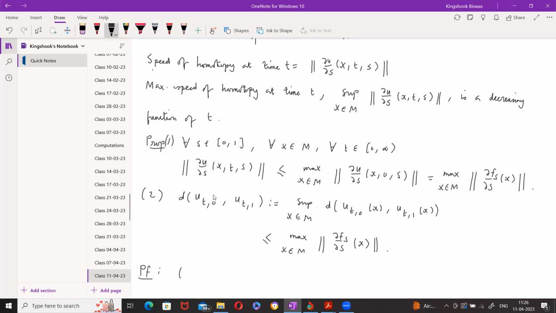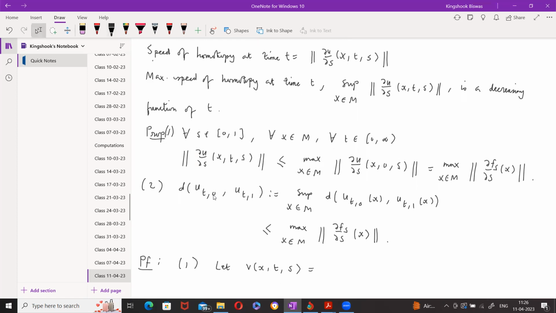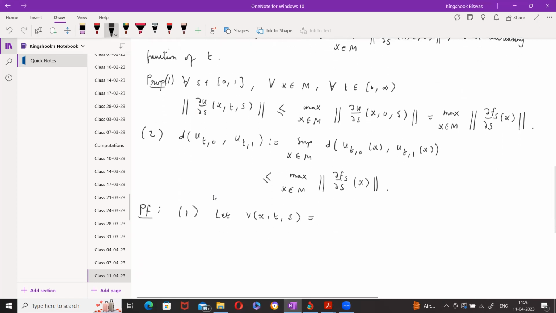So for the proof of the first part, you let V(x, t, s) be the function half the norm of del u del s of (x, t, s) whole squared. Fine.